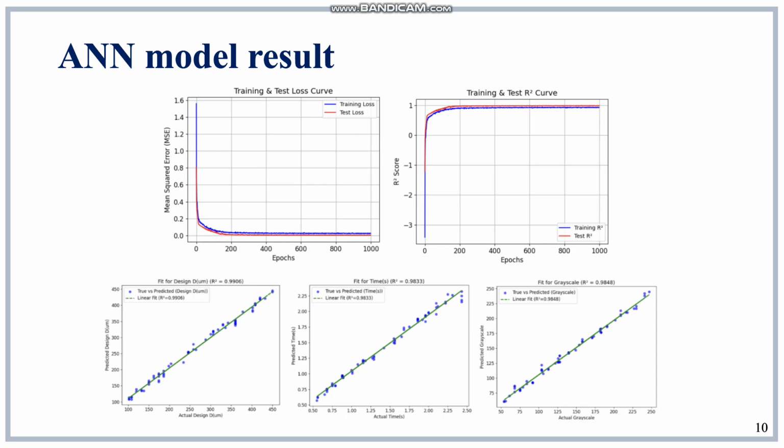The model achieved high accuracy, indicating very strong prediction performance. As you can see here, the R-squared equals 0.9833, which is really high, showing that our work achieved high accuracy.